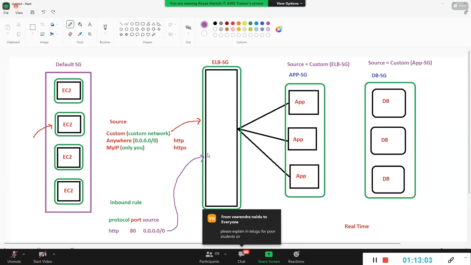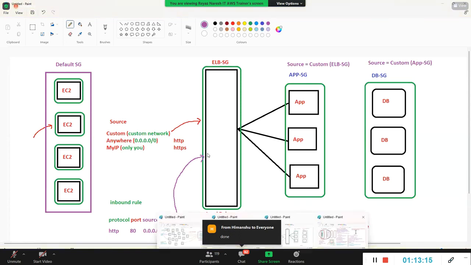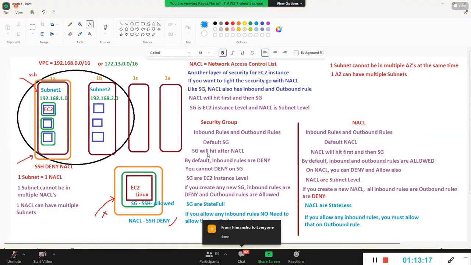I told you many times, Virendra Naidu, you are not a poor student. You are understanding very clearly. And if you go to companies, Telugu will not be used much. So I think I'm not using an American accent, right? It's normal English only. Try hard.